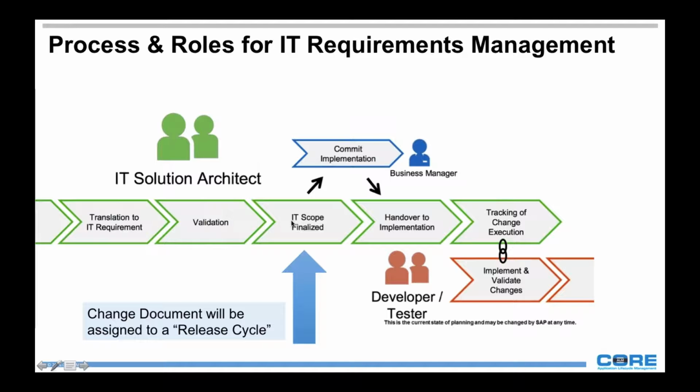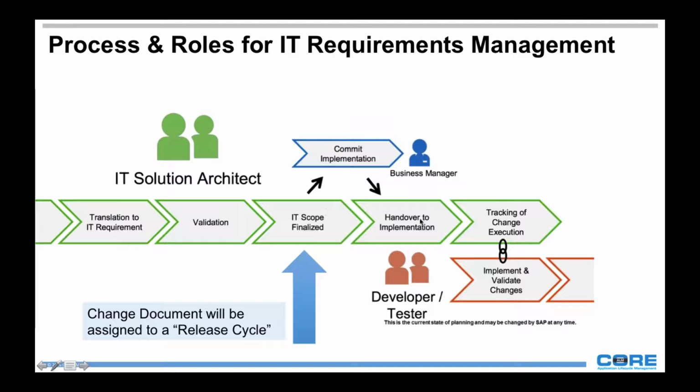At this time, as you can see, on the IT scope finalized, the IT architect will be able to link this document or define the scope and say, okay, this will be part of release 1, 2, 3 China, okay? So at that time, your IT people will be able to link that to a certain release because they know what's required, what type of changes, and which release it's going to belong to.